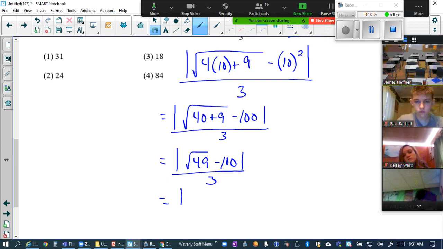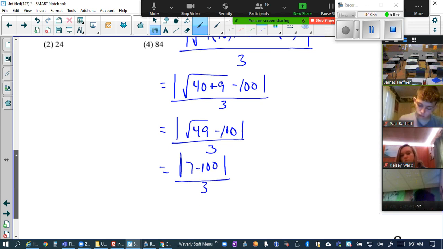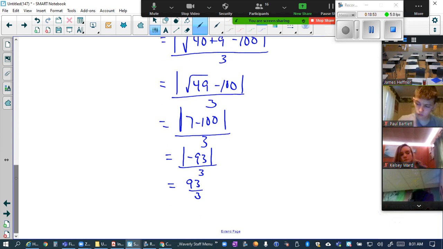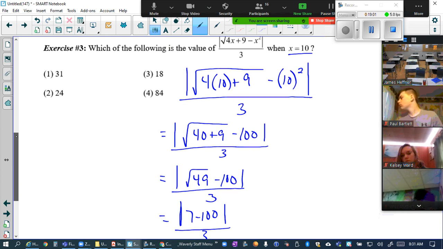And the square root of 49 is 7. And 7 minus 100 is negative 93 over 3. And what's the absolute value of negative 93? Positive 93. Okay? And then 93 divided by 3, of course, is just 31. Okay? So it would be choice 1 here.